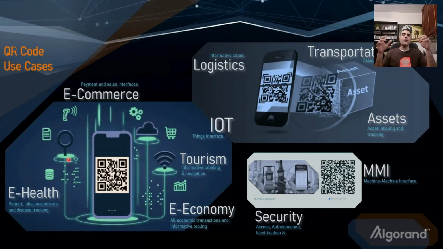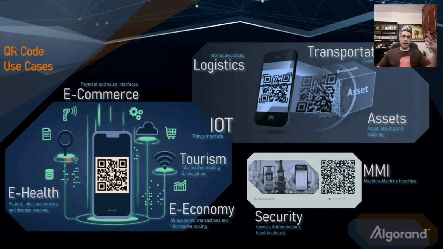Some usage scenarios of the QR codes, as you can see, there's a lot. Transportation, logistics, Internet of Things, tourism, e-economy, e-health, and e-commerce, and security, above all of them, I can tell you. And let me give you a simple one-sentence explanation about each one of them.